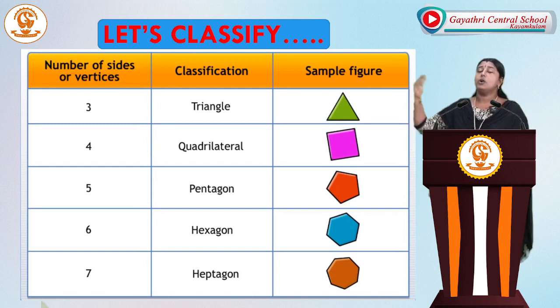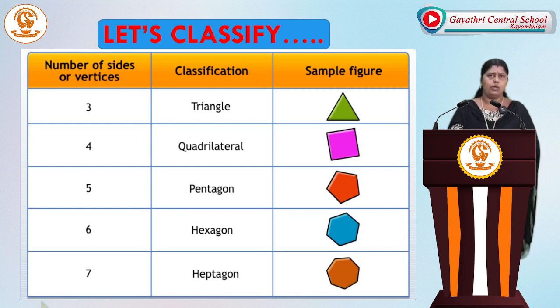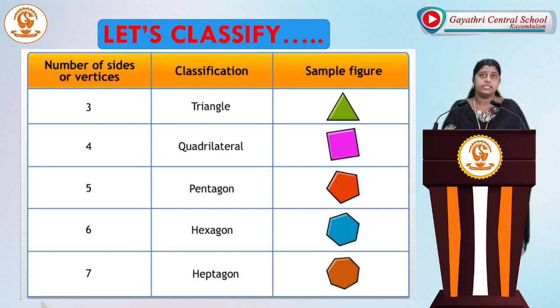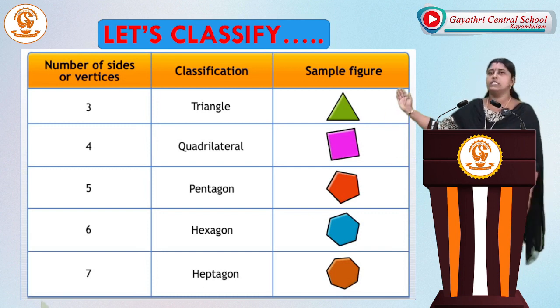According to the number of sides, okay children, listen here. According to the number of sides, we can classify the polygons. We are starting from 3, that means the number of sides or vertices is 3. Which type of polygon is this? Three sides, Krishna?